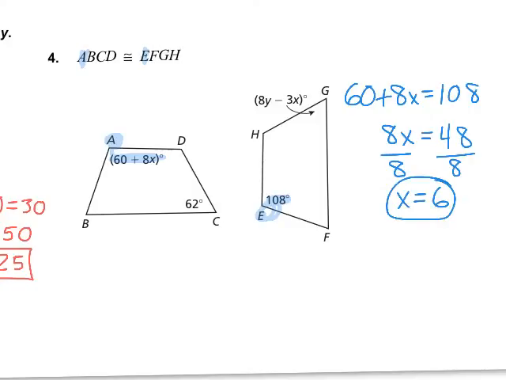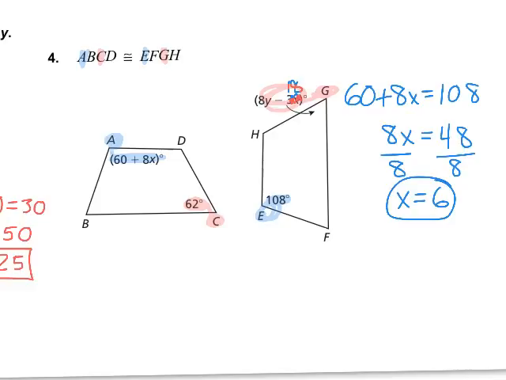Okay, so I have my x value. I can plug it in up here, so 3 times 6 is 18, right? Okay, so that's 8y minus 18. That part is angle G, right? So G corresponds with C, which again, luckily for us, C is marked.